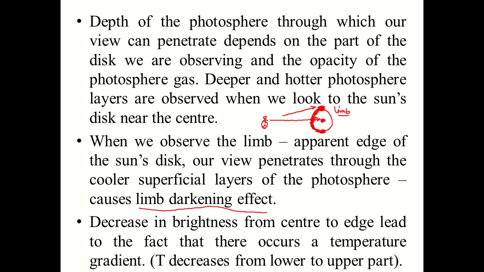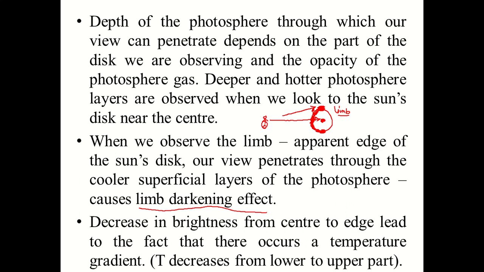Now the decrease of brightness of the solar disk as we go from the center to the edge points to the fact that there exists a temperature gradient across the photospheric layers. The temperature decreases as we move from lower to upper photospheric layers. This is the lower and this is the upper.